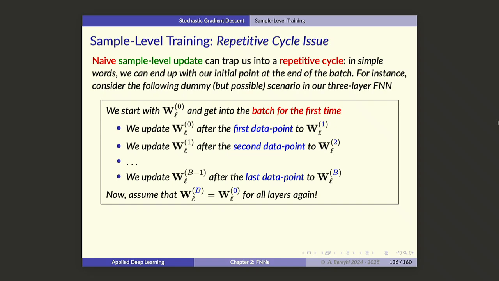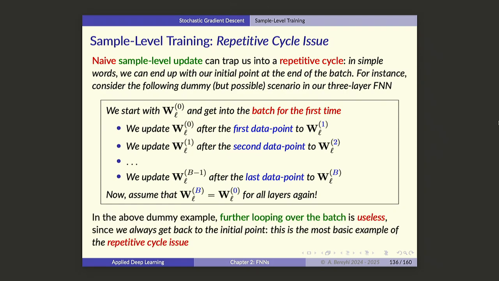This means that now I could have different updates, and hopefully I'm going to get some convergence. This is the idea that we call stochastic gradient descent. That's it. It's not anything weird. It's stochastic because each time before I update, I'm doing a shuffling. This shuffling makes the start point random.